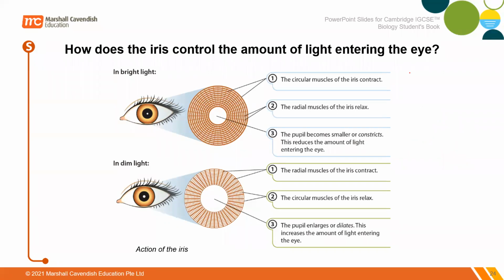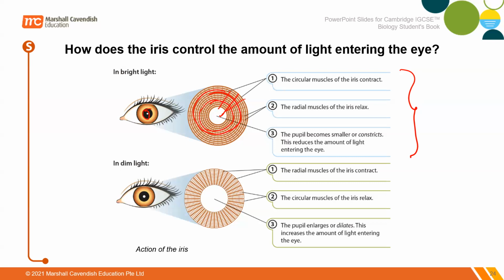Then I will talk about how this reflex action protects the inner structure of the eye because it will reduce the amount of light entering the eye. The circular muscle, in order to constrict the pupil to make it smaller, will contract and the radial muscle will relax, to give a chance for the circular muscle to contract.